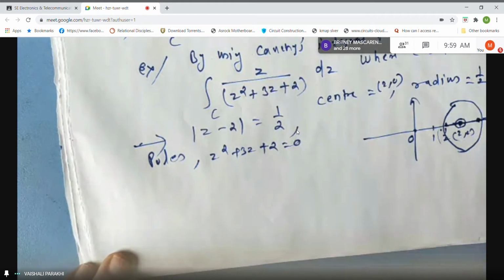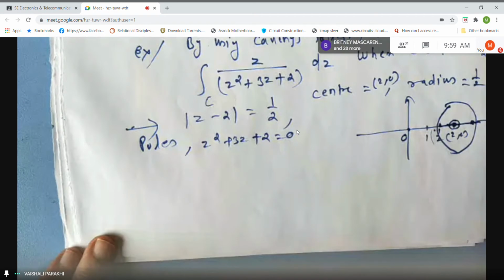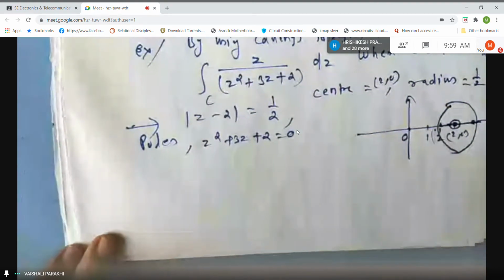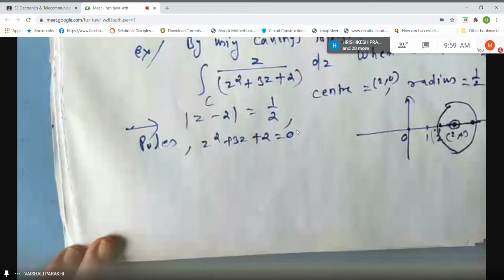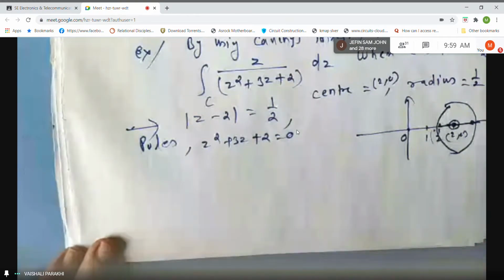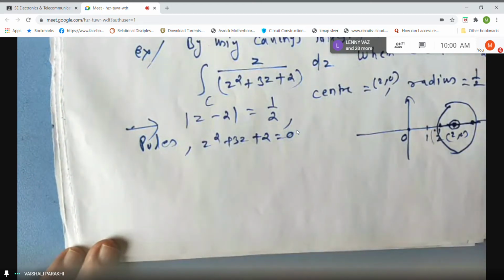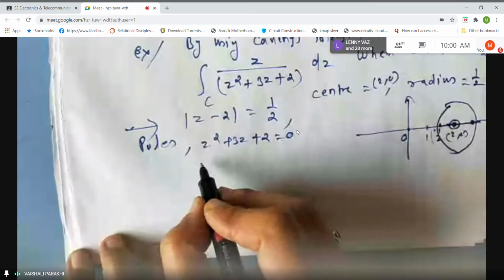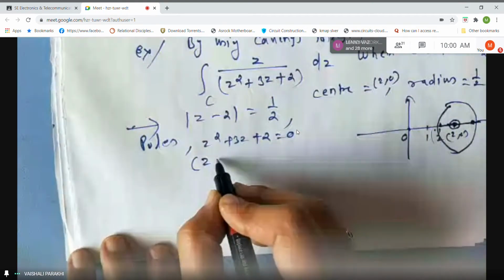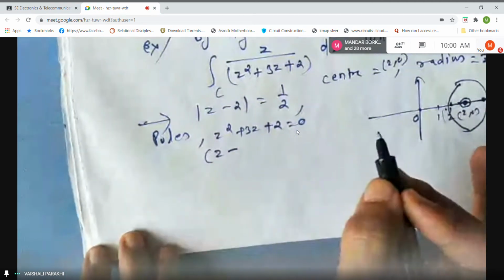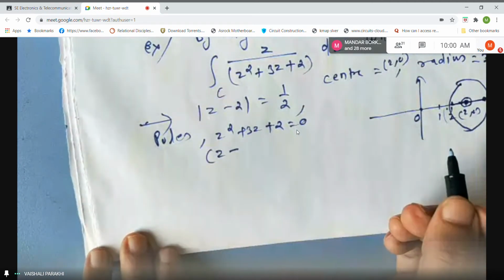Mandar, can you tell me the factors? Factors of this will be?